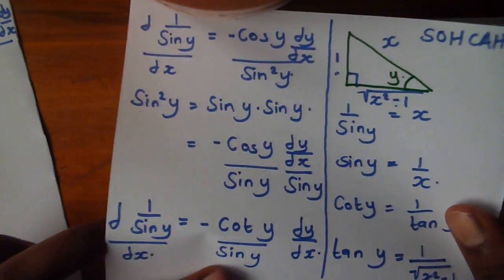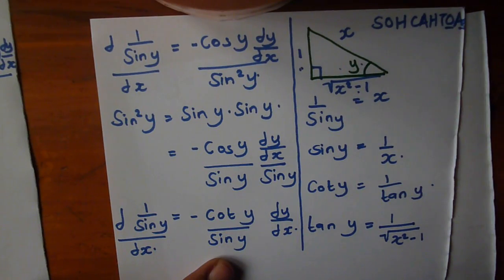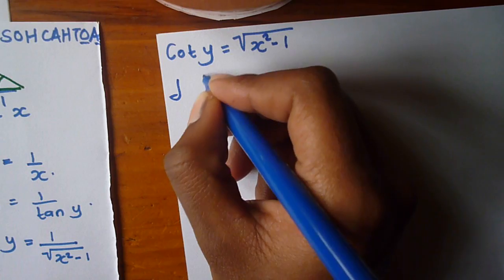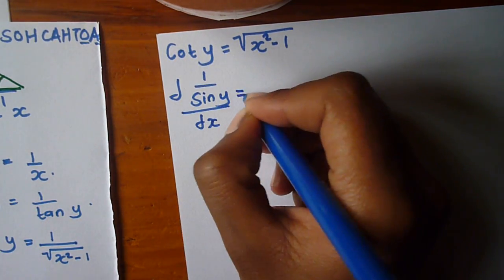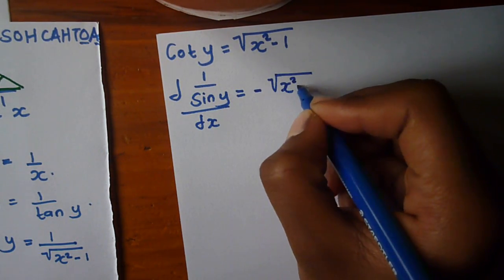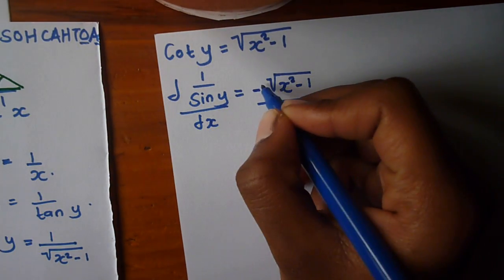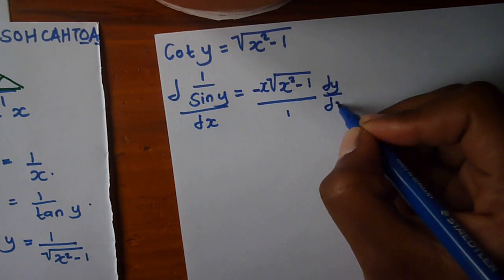What else is in our answer? We're also looking for sin y, and sin y will be opposite, which is 1, all over hypotenuse, which is x, and we already had that. So our answer then, the derivative of 1 over sin y with respect to x is equal to negative cot y, which is the square root of x squared minus 1, over sin y, which is 1 over x, which will just be x, times dy over dx.